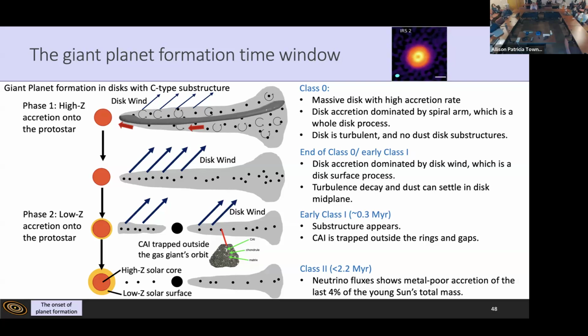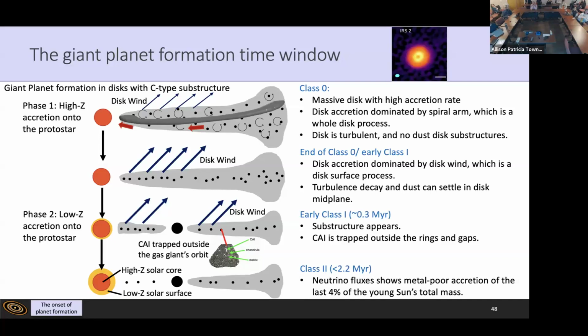And around class 2, around 2.2 million years, the solar neutrino flux shows the metal-poor accretion of the last 4% of the young sun's total mass. So this is the time when planet formation should stop the dust accretion onto the central protostar.